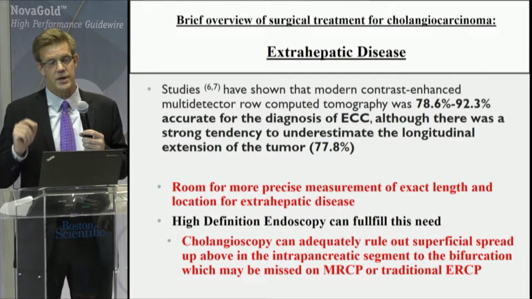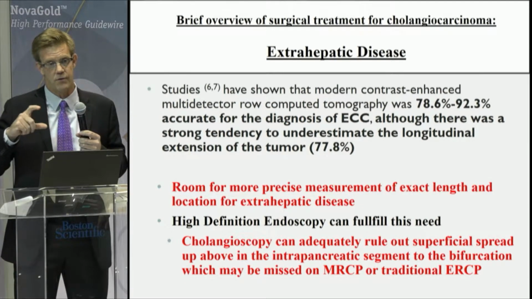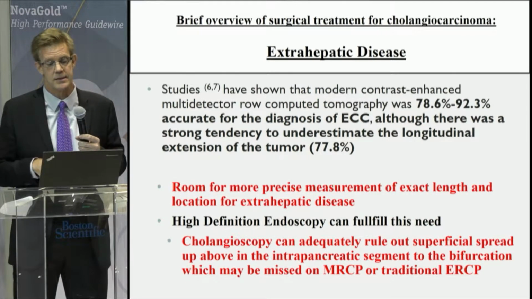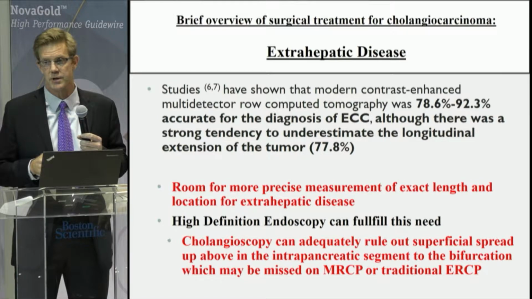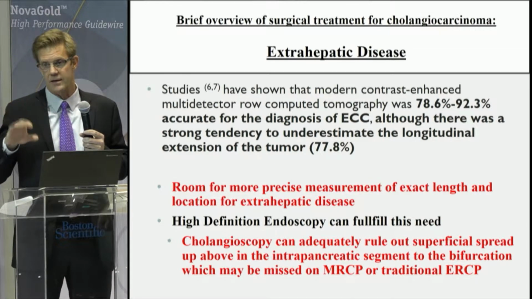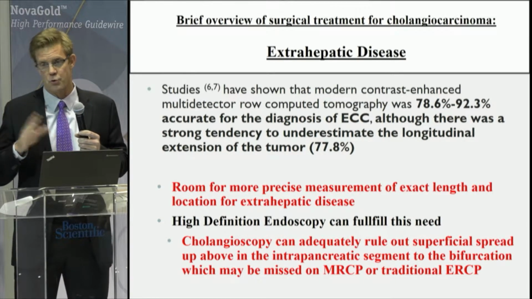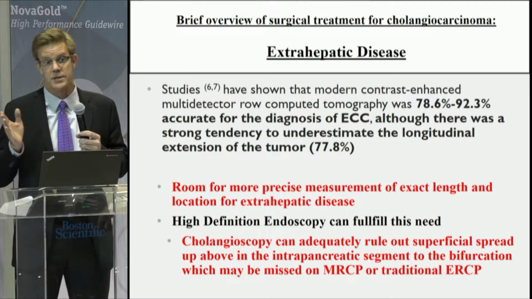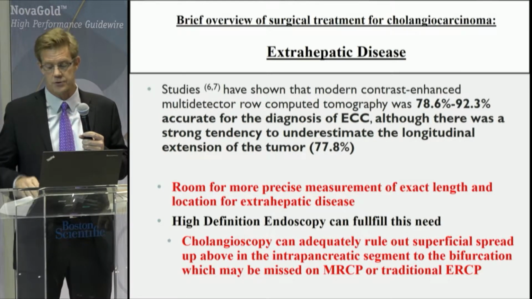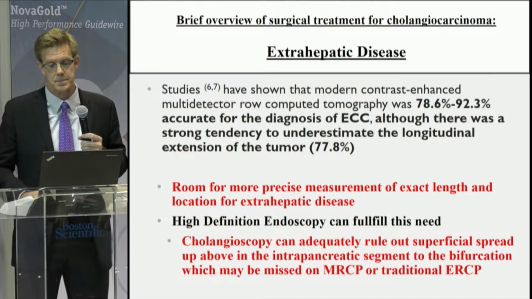CT does not give us enough information to know what the extent of surgery needs to be in order to remove that disease. So there's room for more precise measurement of the exact length and involvement of the duct, and cholangioscopy can adequately rule out spread within that duct up into the liver, which would require additional resection, or potentially, if it goes into the secondary radicals, would preclude resection.